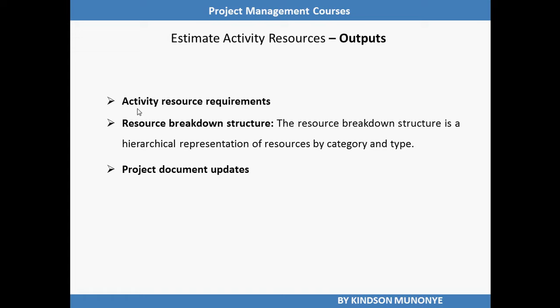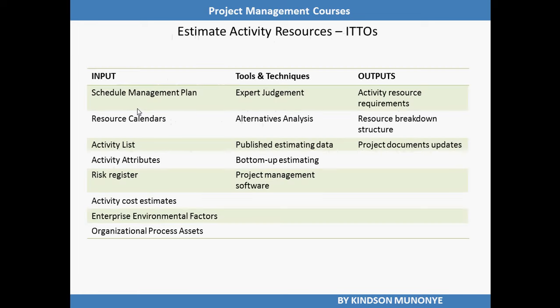This is where we wrap it up on estimate activity resources, but as usual, we have a recap of the ITTOs. The inputs to estimate activity resources are schedule management plan, resource calendars, activity lists and attributes, risk register, activity cost estimate, enterprise environmental factors, and organizational process assets.